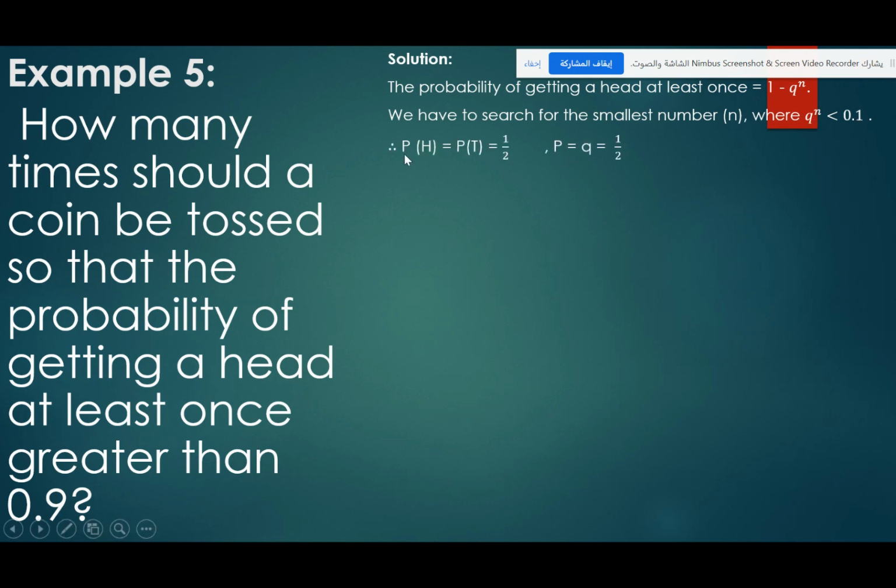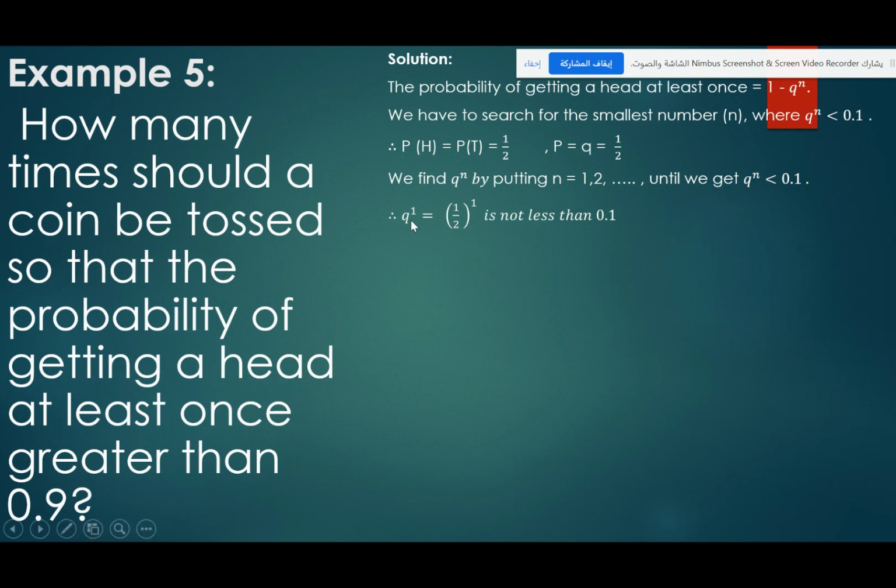Now we know that the probability of getting head and the probability of getting tail are equal in this experiment of tossing a coin, which is half, so p and q are both half. We find q to the power of n by putting n equals 1, 2, 3 until we get q to the power of n smaller than 0.1.